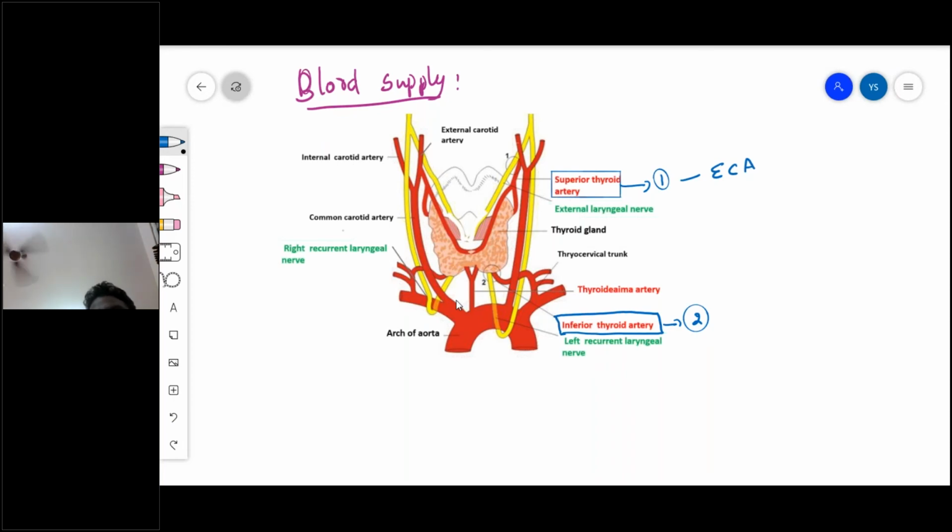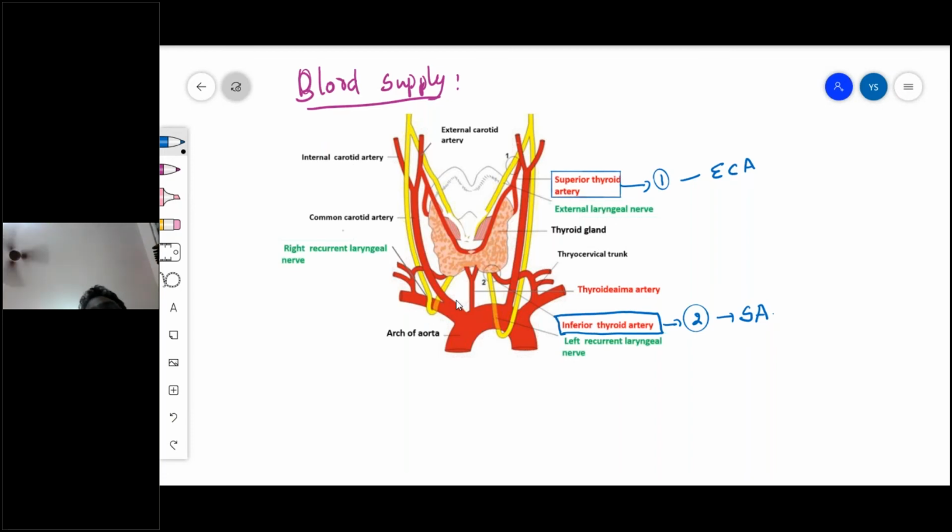The inferior thyroid artery is a branch of the thyrocervical trunk of the subclavian artery. In this picture, we can see the course of the two arteries: the superior thyroid artery from above towards the apex, and the inferior thyroid artery from below towards the base.